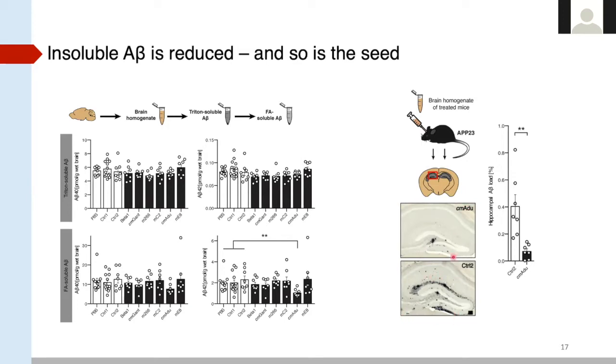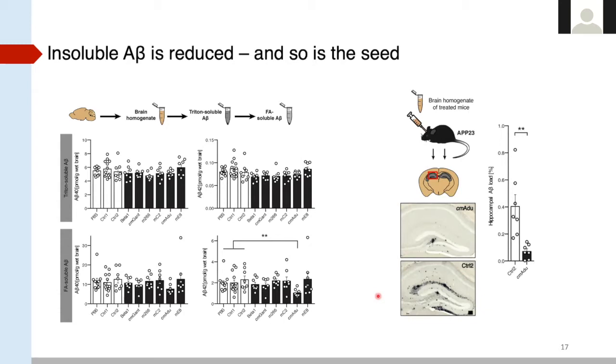You can easily tell that ADO-treated homogenate induced less pathology than the control one, which you can also see in this quantification. So based on these results, we were confident that we did reduce pathologically relevant A-beta assemblies before the amyloid phase.